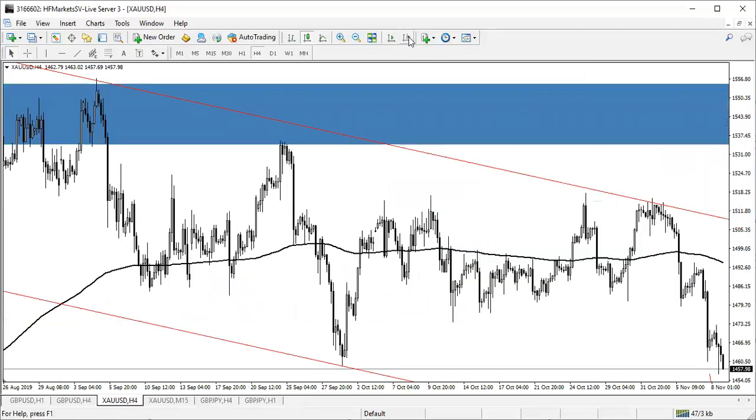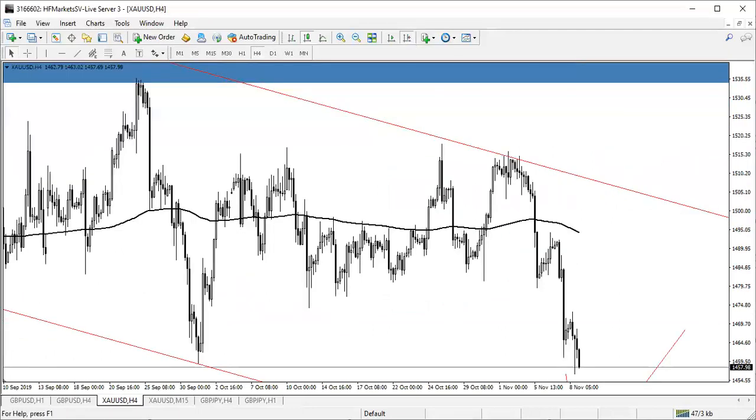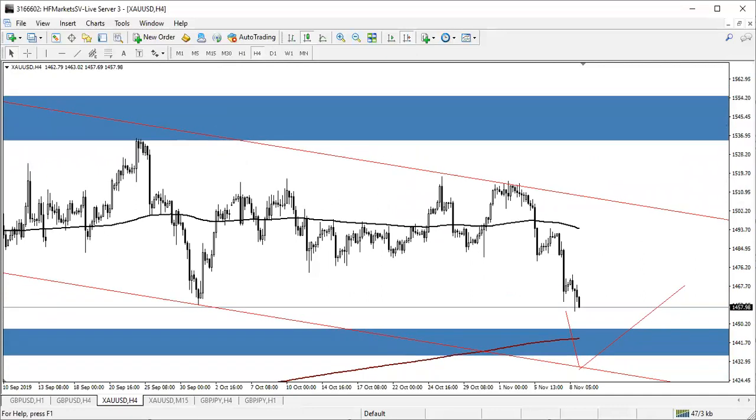We can switch to the H4. So you can see on the H4, our zone on the daily confluences with our 800 EMA. So it shows a significant argument that there is a possibility of price rejecting in this daily demand zone.